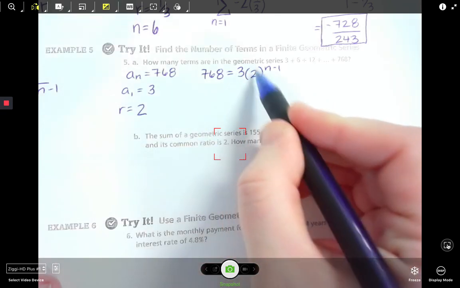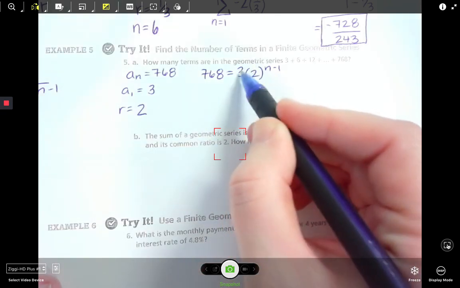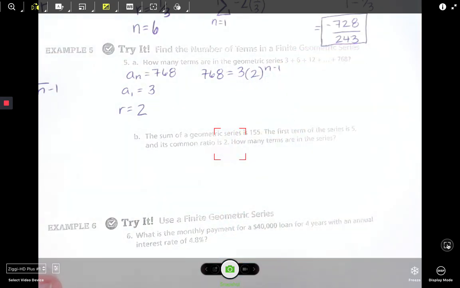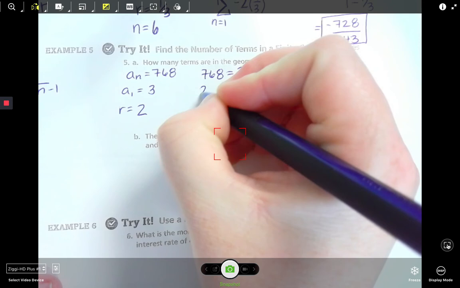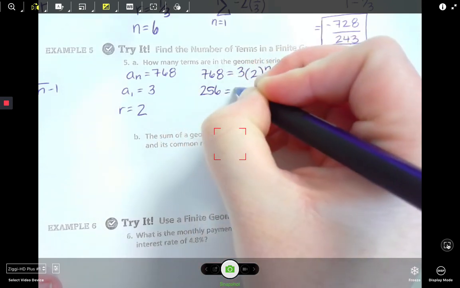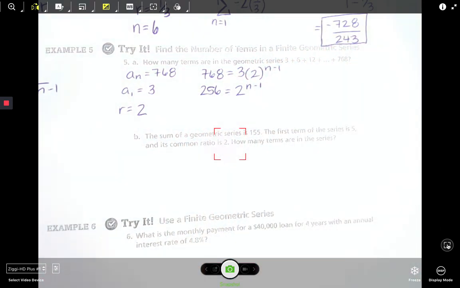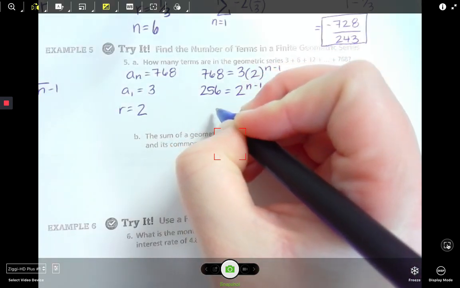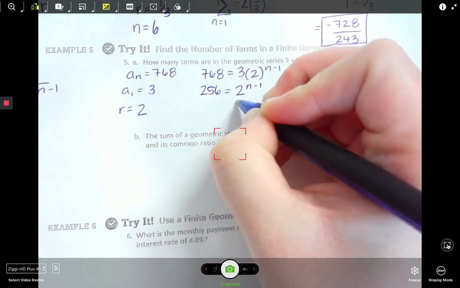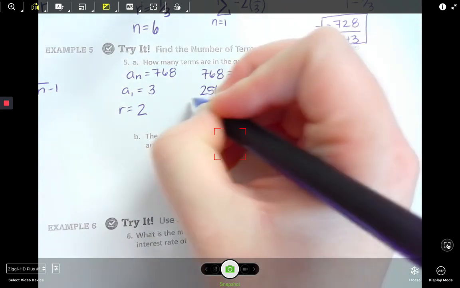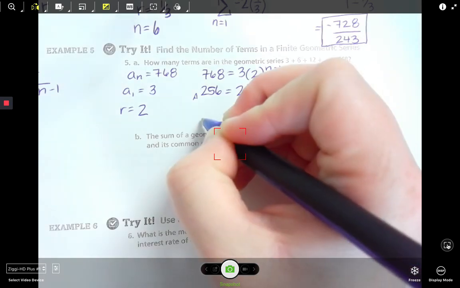You cannot distribute that, so we're going to divide by 3. 768 divided by 3 is 256, which is equal to 2 raised to the n minus 1. Look, this is in exponential form, right? We now write it in the form of a log.